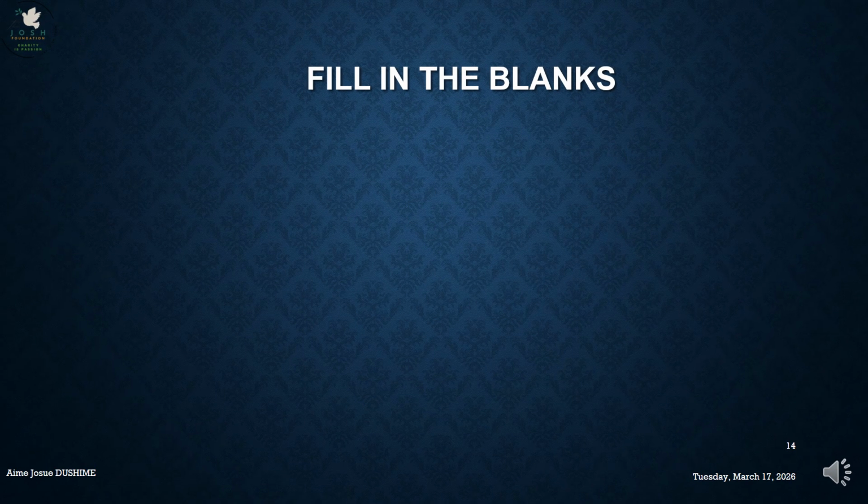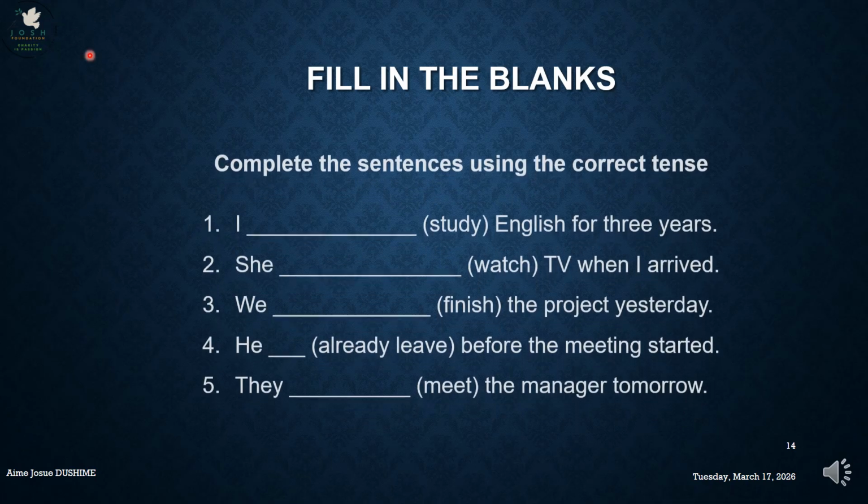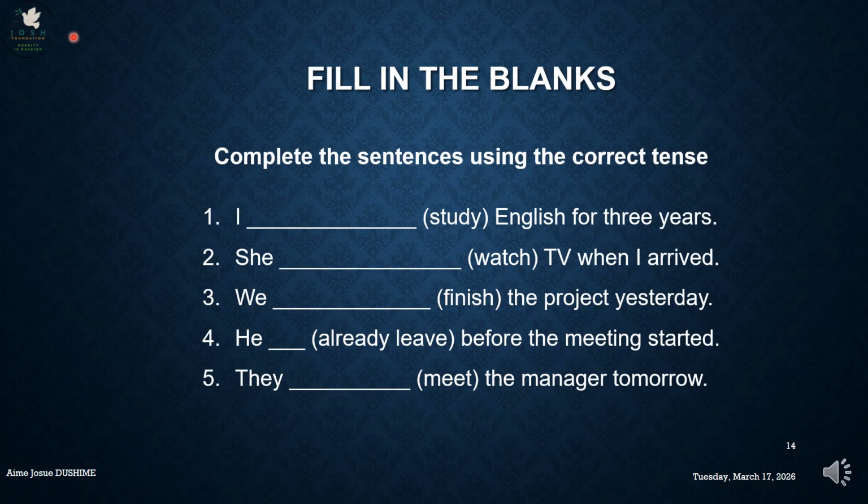Fill in the blanks here. Let's see. The first: I dash dash English for 3 years. She dash dash watched TV when I arrived. We dash dash finished the project yesterday. He dash dash before the meeting started. They dash dash the manager tomorrow.